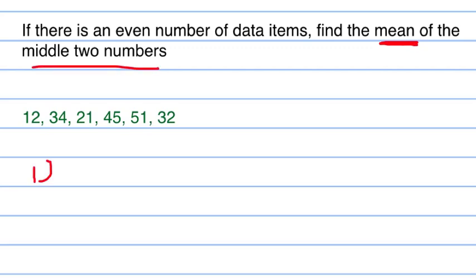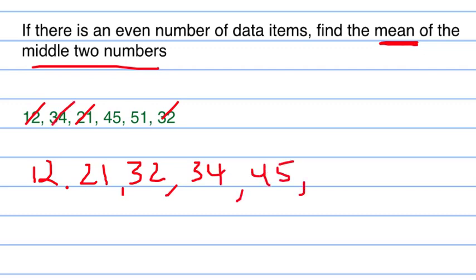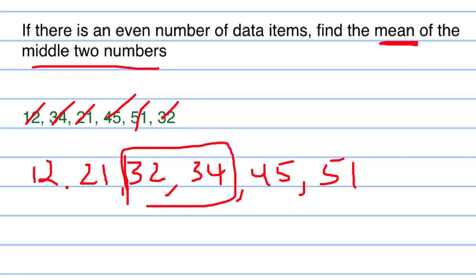I'm going to go 12, mark that one off, 21, 32, 34, 45, and 51. And then I'm going to count in and find the middle two numbers. 1, 2, and I'm going to put a box around them.